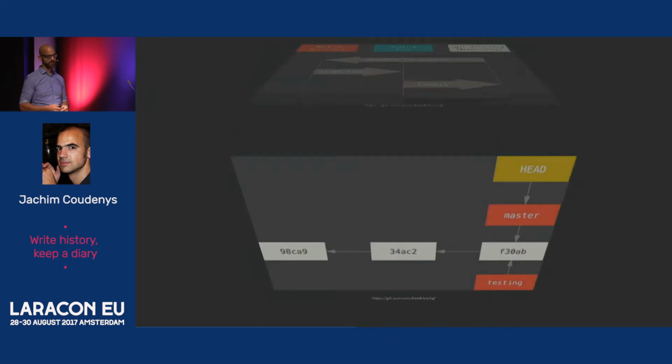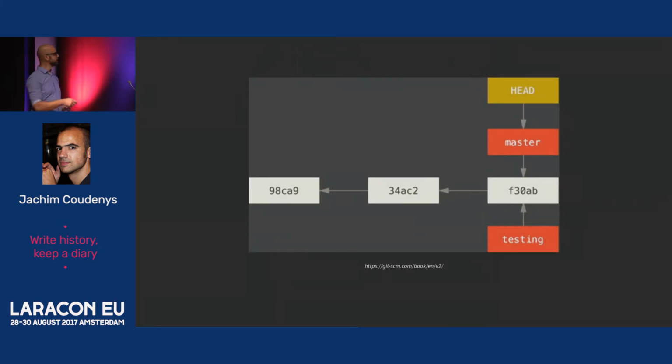More on that later. So here you have the logic that Git is using by referencing back to the previous version. The red boxes are branches, and they are just a file in the .git directory which contains a pointer to a specific version.